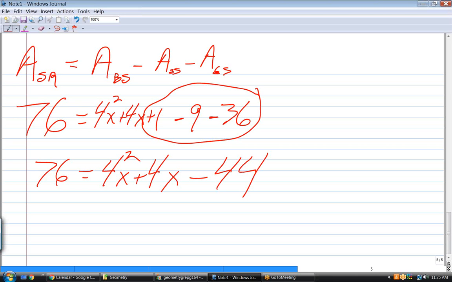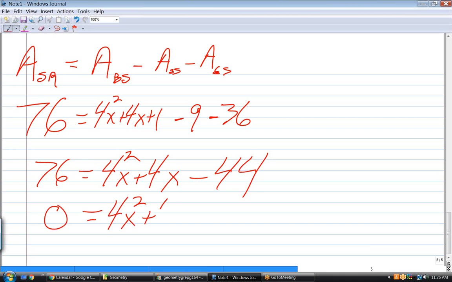Dealing with quadratic equations, most of the time you solve them by getting everything on one side, leaving 0 on the other. So how do I get 0 on one side? Subtract 76. So it'd be 0 is equal to 4x squared plus 4x minus 44 minus 76, which is minus 120.